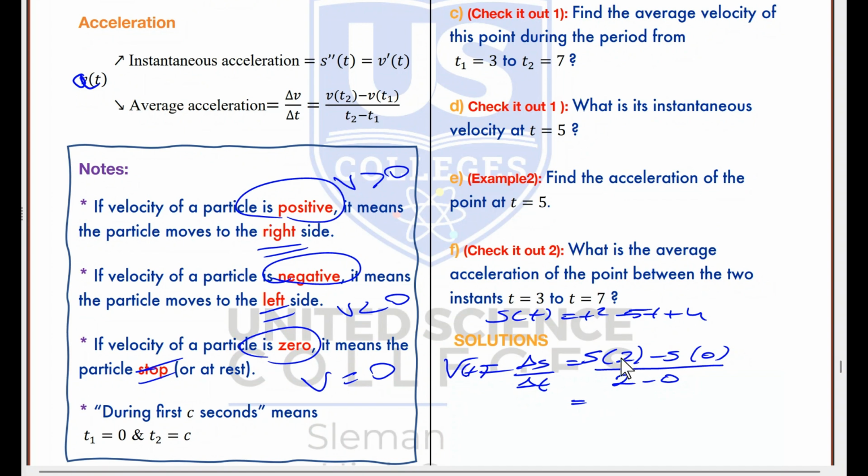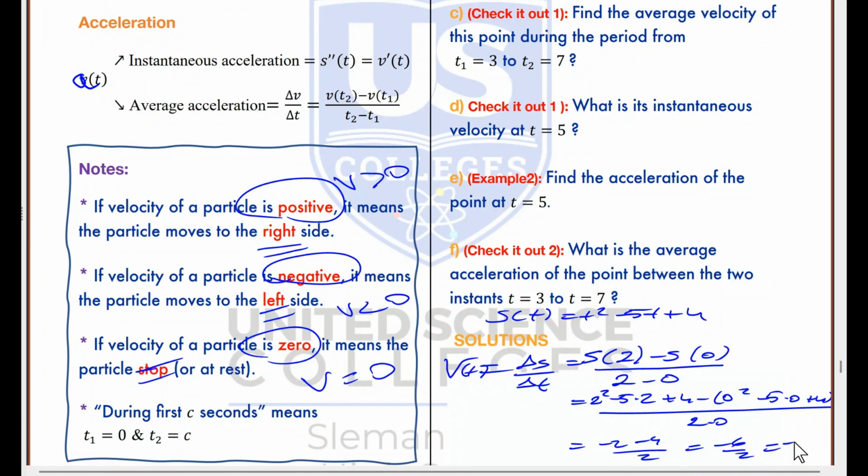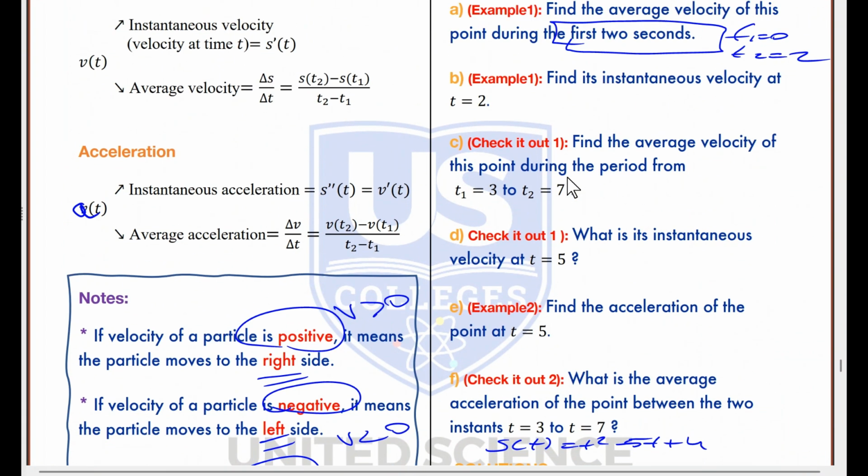So it's going to be, plug in 2 for t, 2 squared minus 5 times 2 plus 4, minus, now plug in 0 for t, 0 squared minus 5 times 0 plus 4, all over 2 minus 0. So here I have negative 2, here 4, negative 2 minus 4 is negative 6, divided by 2, negative 3. The unit is meter per second. So that's how we found average velocity.